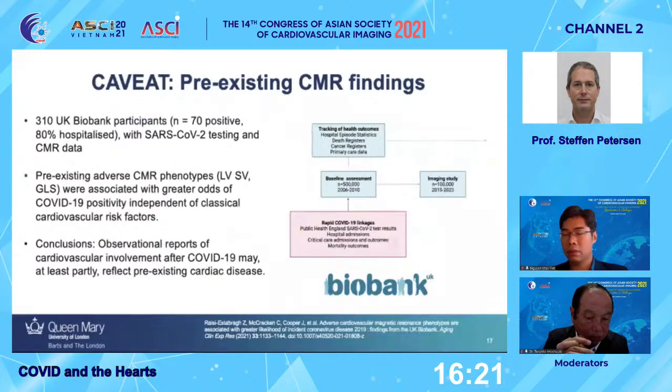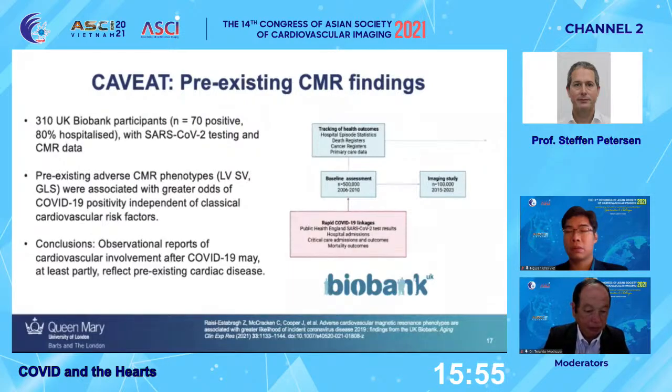Following the alarming findings of these studies on the longer-term cardiovascular effects, following the entire spectrum of COVID severity, we took advantage of the UK Biobank resource with 310 participants that had CMR scans before the pandemic as part of the imaging visit. 70 of these were amongst the first wave of COVID-19 cases, of which 80% were hospitalized.